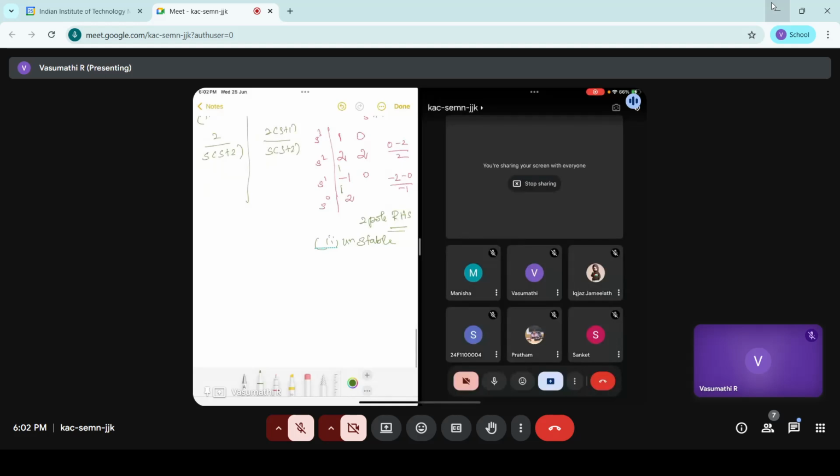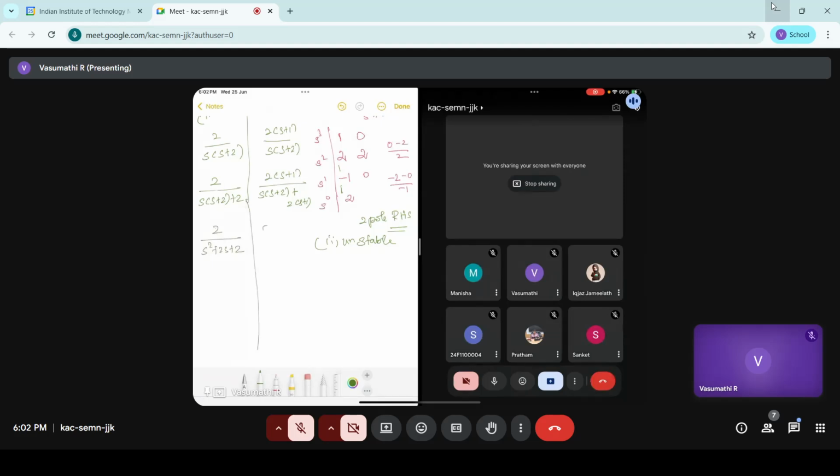If I take a closed loop transfer function, this would give me something by s square plus 2s plus 2.